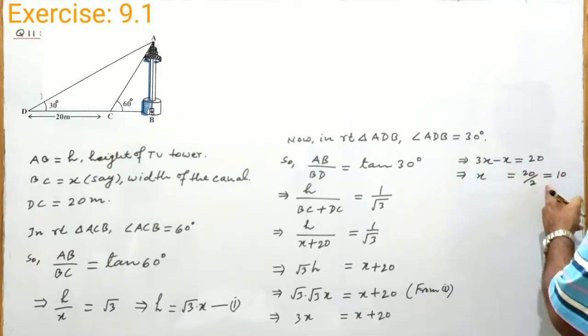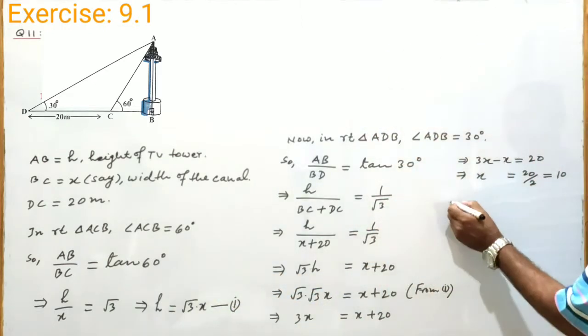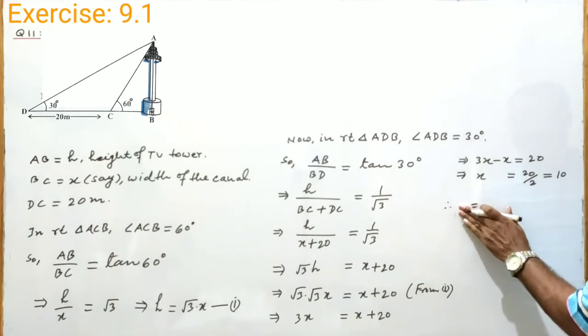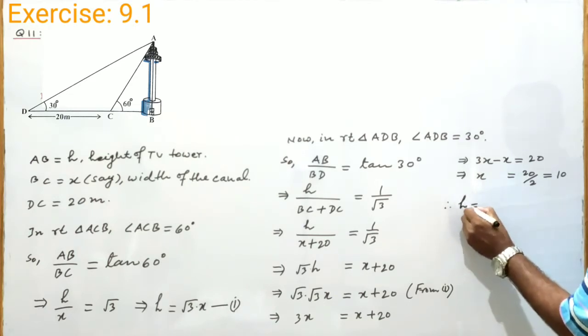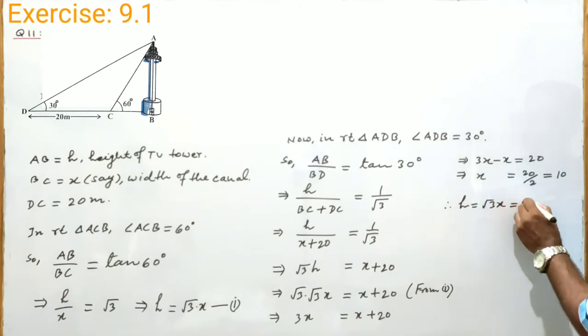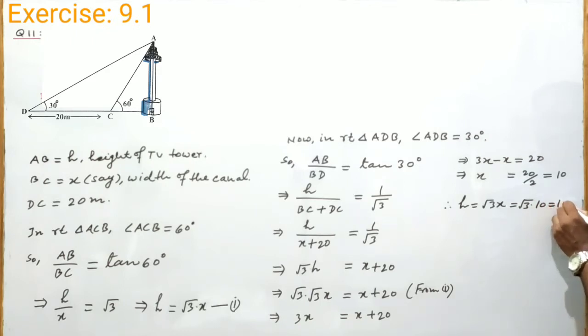So value of x we have got 10, and h is equal to root 3 into x, so therefore h equal to root 3 into 10, that is 10 root 3.